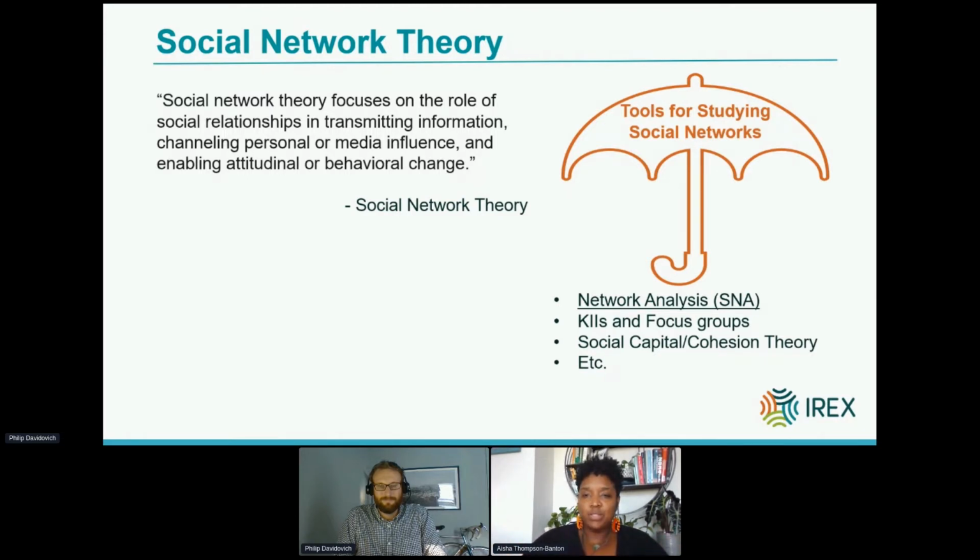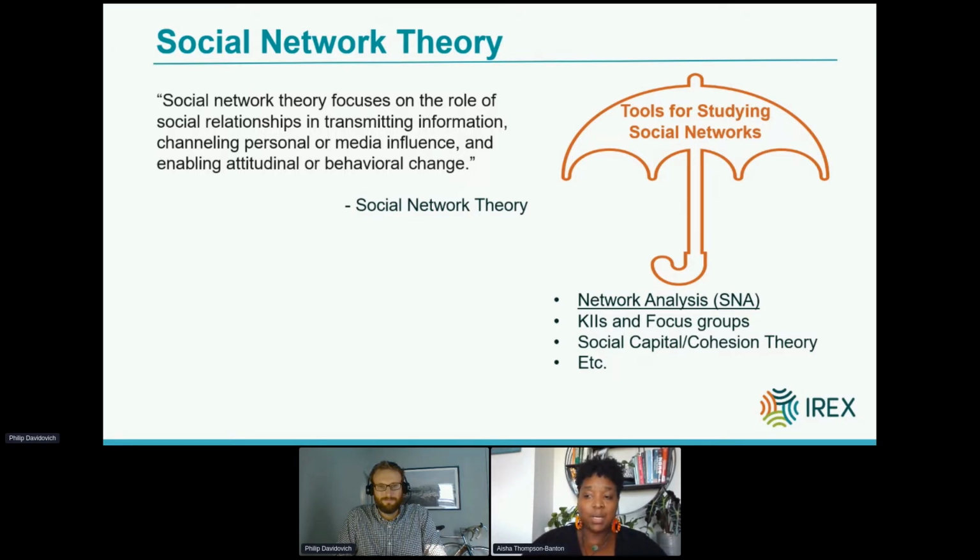But we have different tools for studying networks. For example, some of the tools mentioned here are network analysis, which we will go into depth on today and talk about as social network analysis. But there are also other tools that we can use when we're examining our networks, or looking at collaboration, or looking at these different things that we want to understand within our networks.